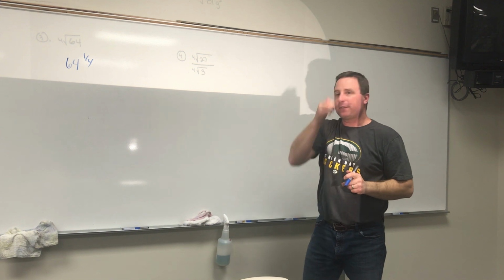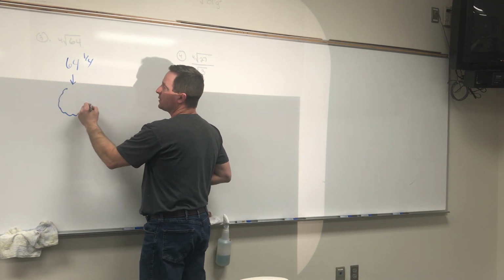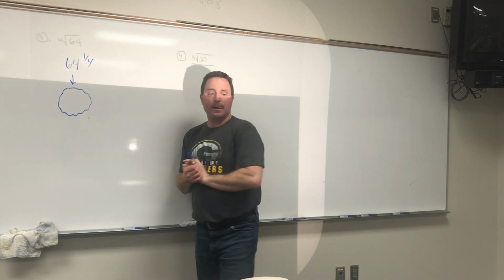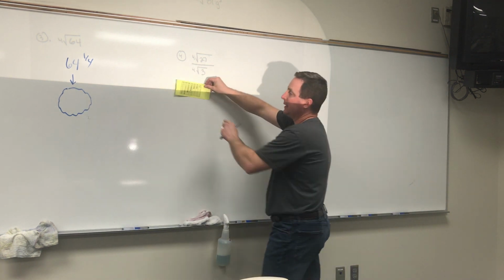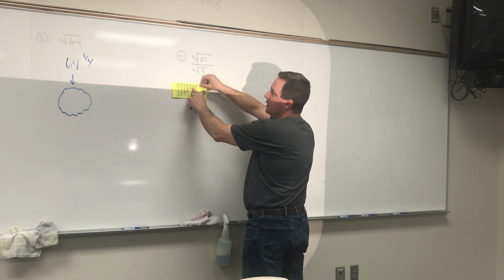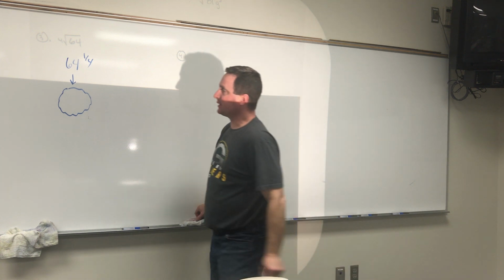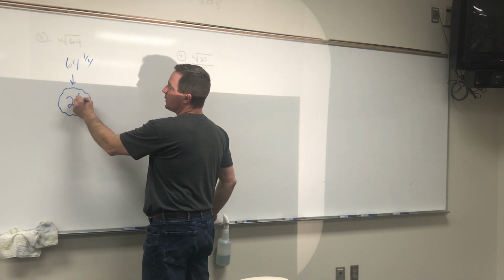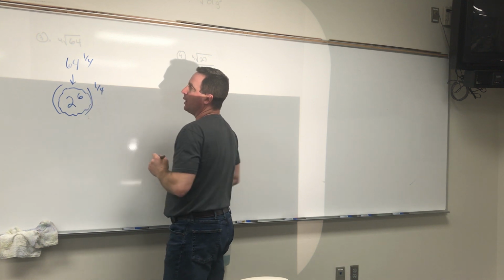It's not a perfect 4th, so I'm going to try to rewrite it as something else. Again, if I find the smallest number that can be written as 64, it's 2 to the 6th power. So I'm changing 64 into 2 to the 6th power, and all of that is being raised to the 1/4.